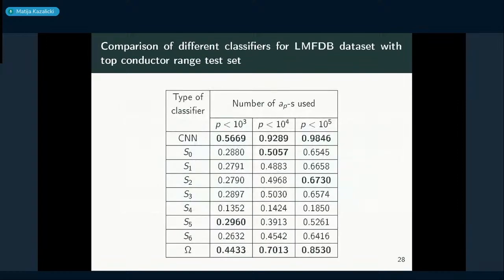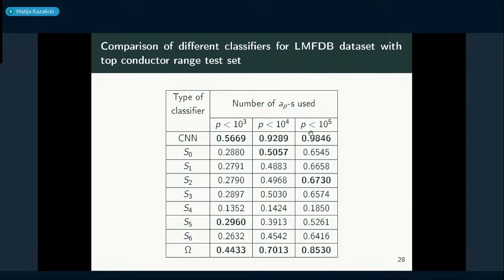If you look at the top conductor range here, the results are not that good. The reason is that, as I mentioned earlier, the higher the conductor is, the harder it is to classify. So you need more a_p's to determine the behavior of that L-function.